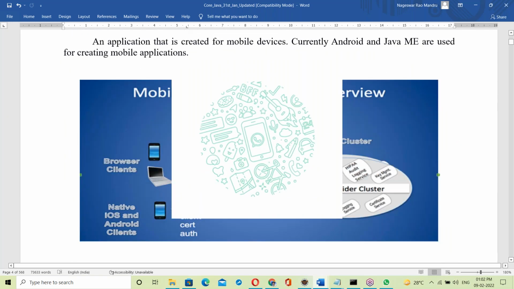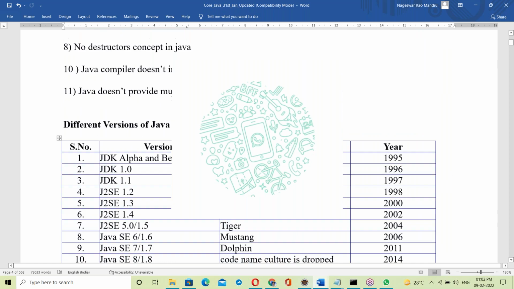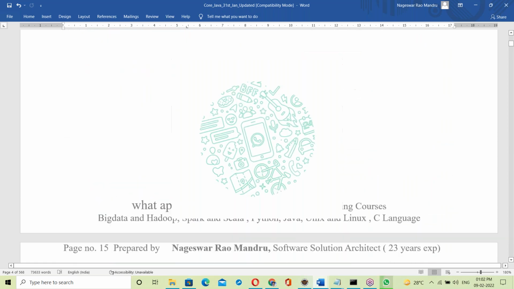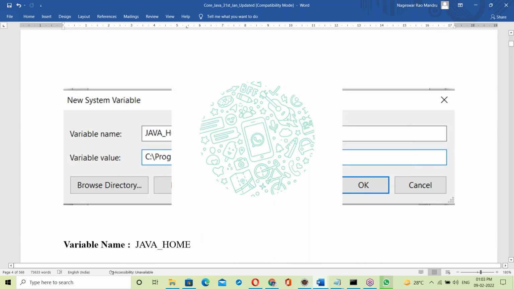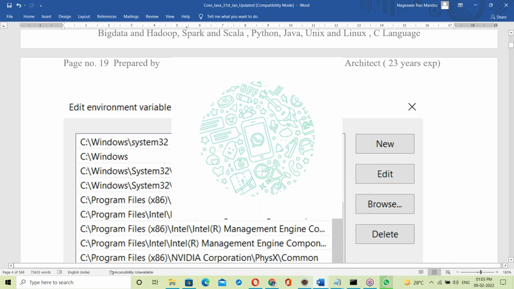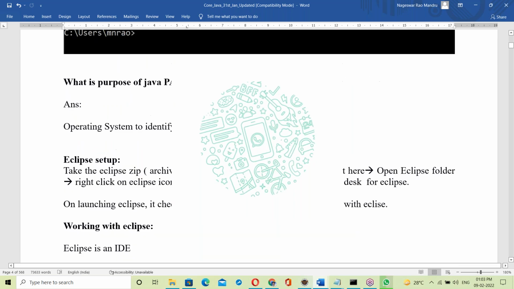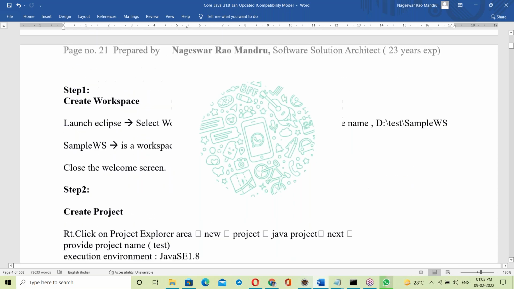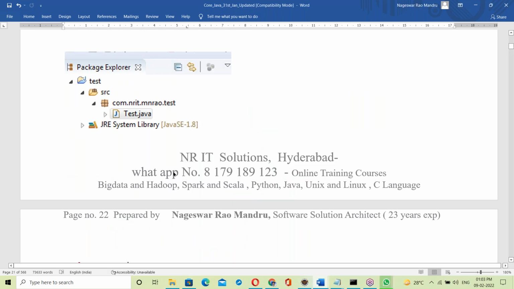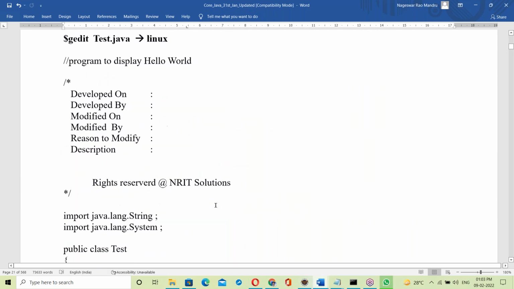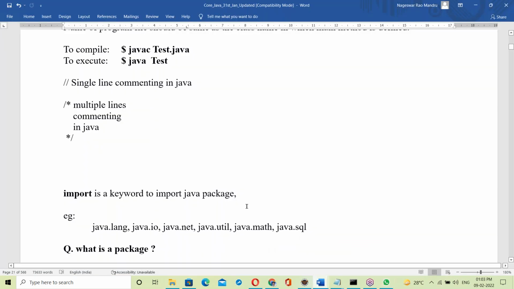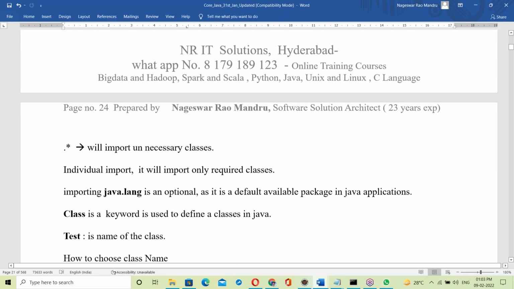After finishing the Java setup and Eclipse setup, next is how to develop the first program. After explaining the first program, next is JVM.